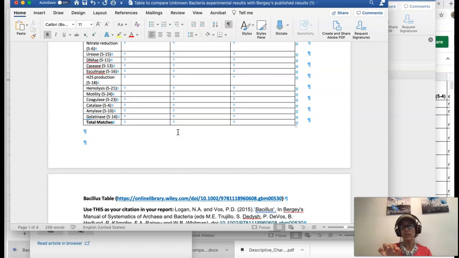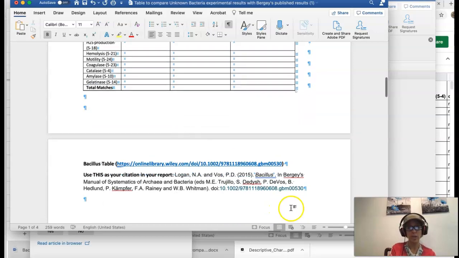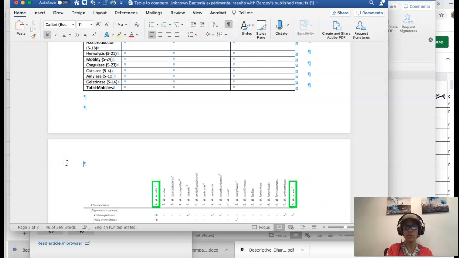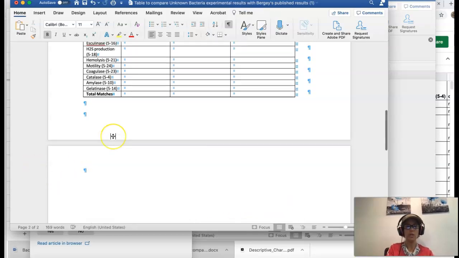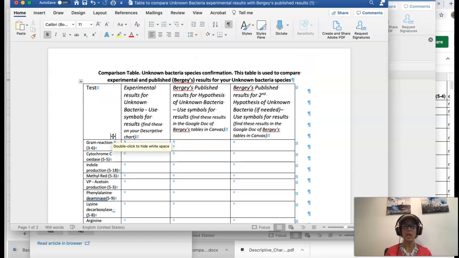How well do the organism's Bergey's manual reactions actually match up with how your unknown behaved? This is not the actual correct citation, so I will have to fix that so that you have the correct citation. But this is your comparison table.